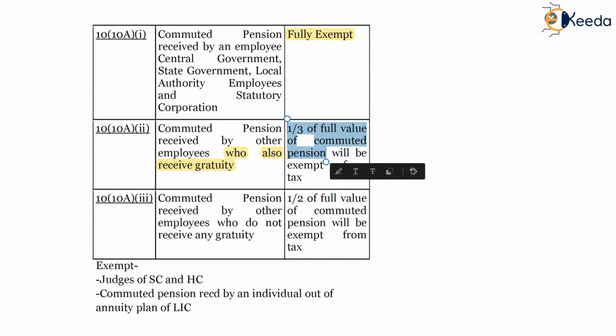It is nothing but one third of the total value of the pension amount. It will be exempt, right? Subclause 3 of clause 10A, commuted pension received by other employees who do not receive any gratuity, half of the full value of the commuted pension will be exempt. And also exempt is pension received by judges of the Supreme Court and High Court and commuted pension received by an individual out of an annuity plan of LIC. This will also be exempt.